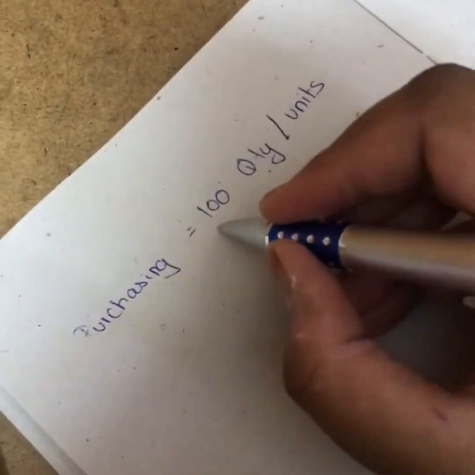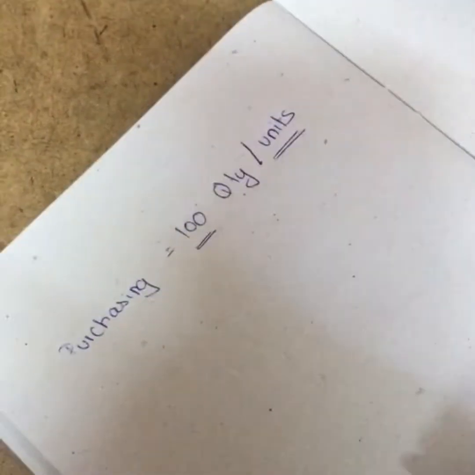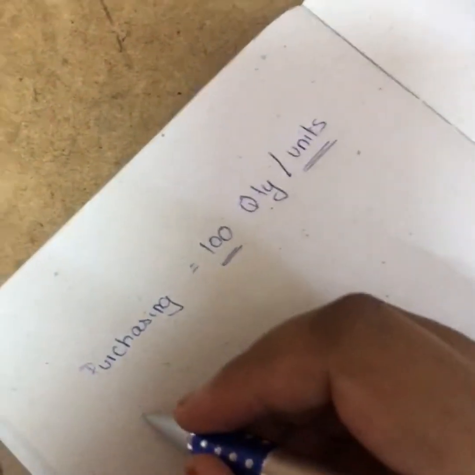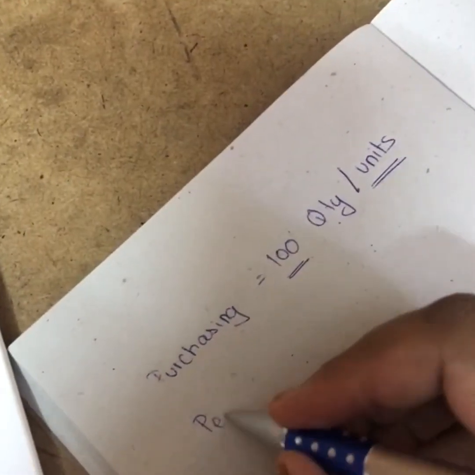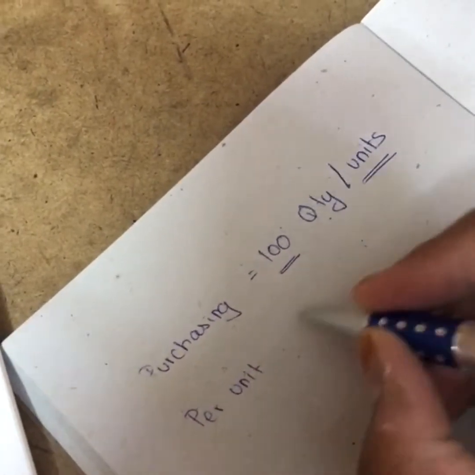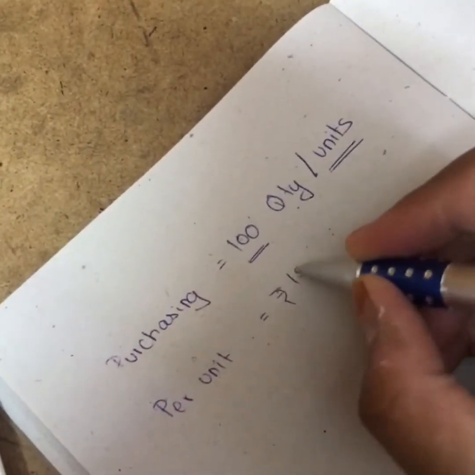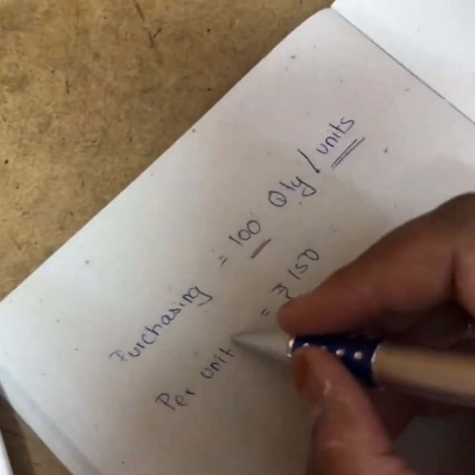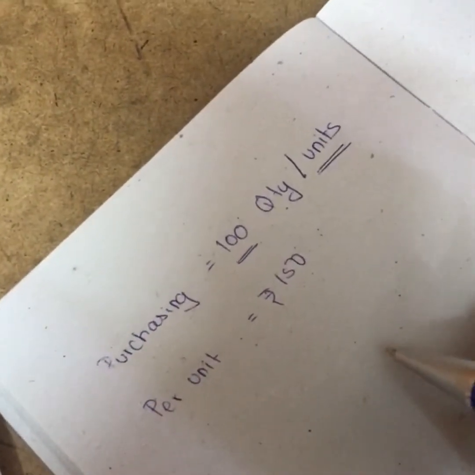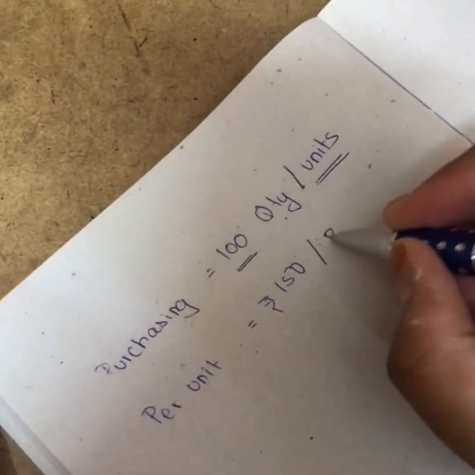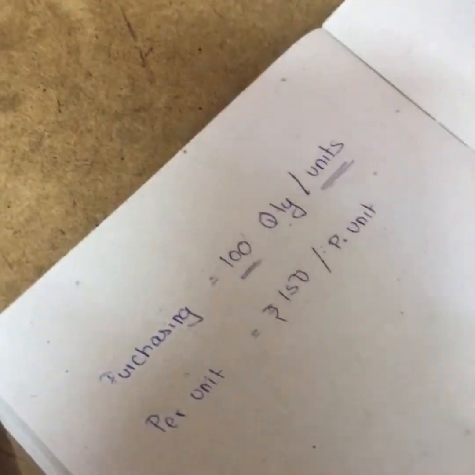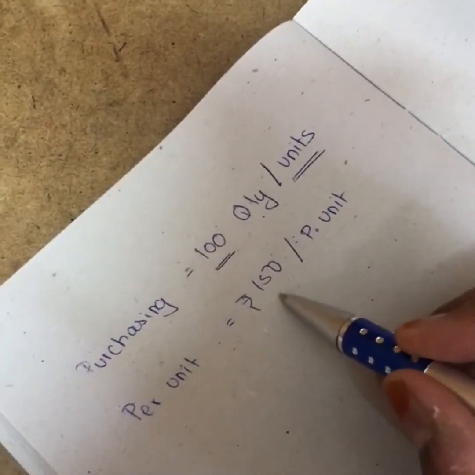So I'm going to purchase 100 units of calculators. The shopman is saying that per unit, that is the cost of one calculator, is 150 rupees. So can I say this is per unit?